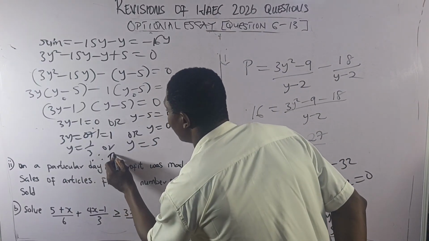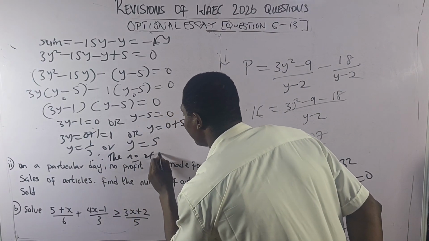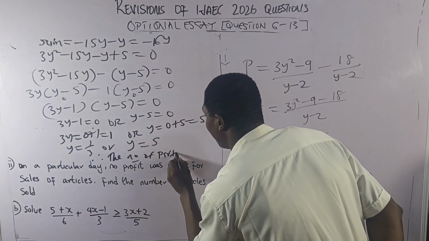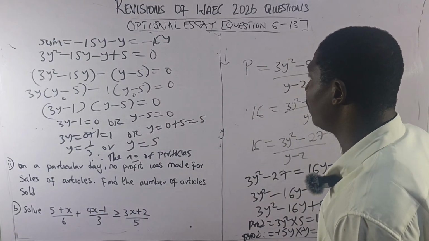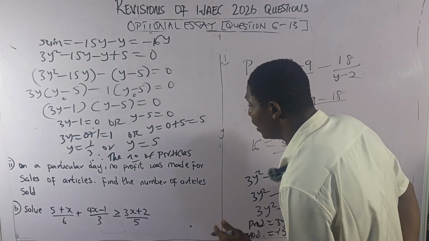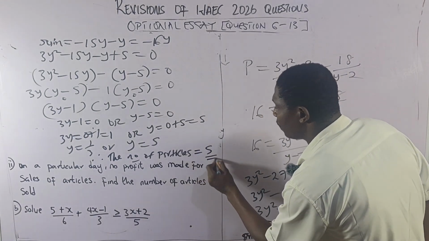Therefore the number of articles for the sale of $16 is 5.